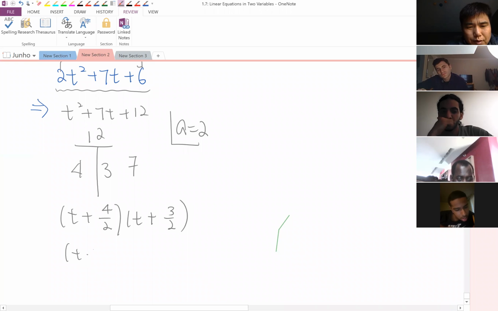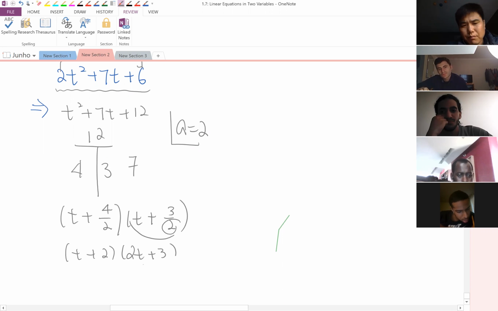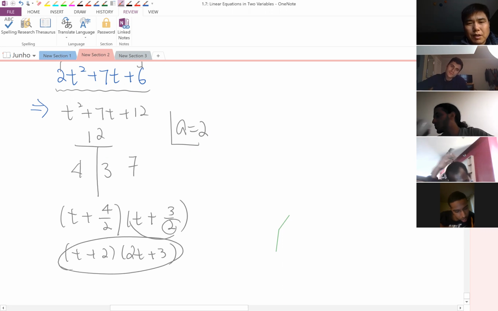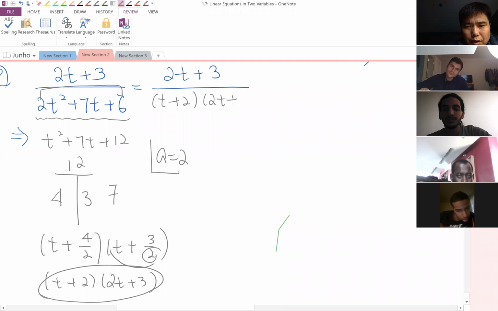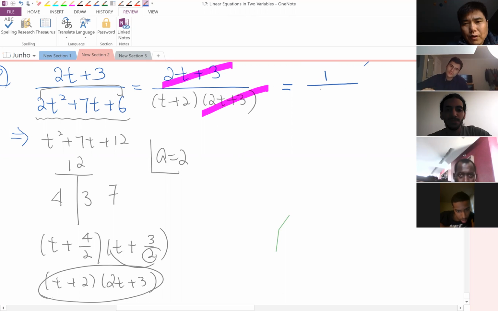Simplify, then t plus 2, and then we cannot simplify the other, so moving this here gives 2t plus 3. Yes, Mohammed? Okay, so we replace this in the denominator: t plus 2 times 2t plus 3. Now as you see, this and this cancel out. So the answer becomes 1 over t plus 2.